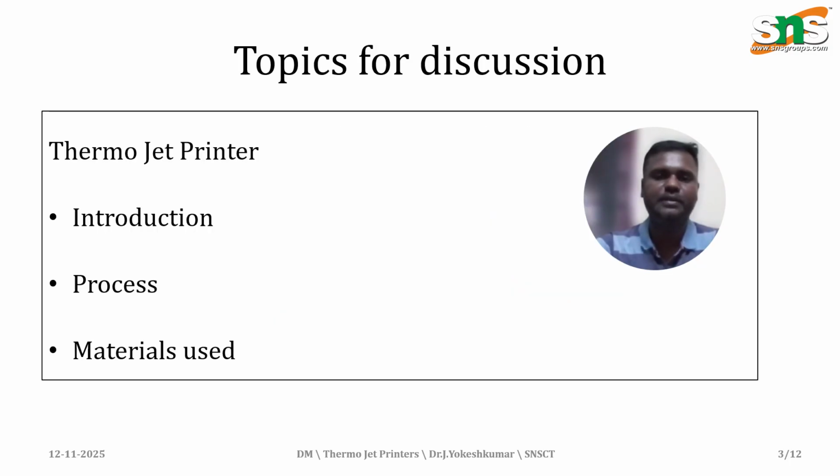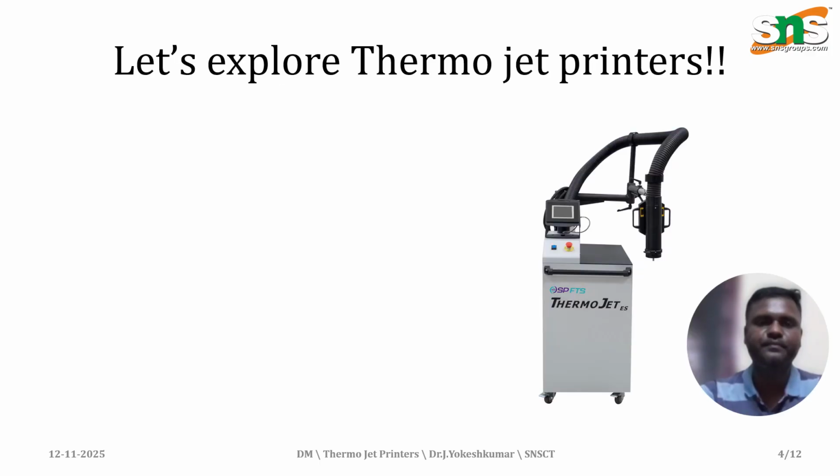So today's topic for discussion is the thermo jet printer. Here we are going to introduce the thermojet printer, its processes and the materials used in the process. So let us explore the thermojet printer.